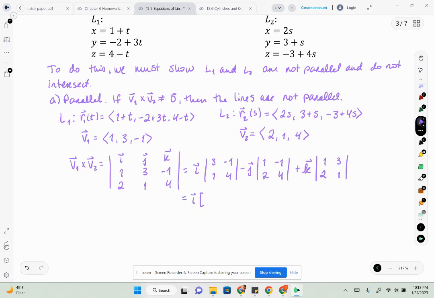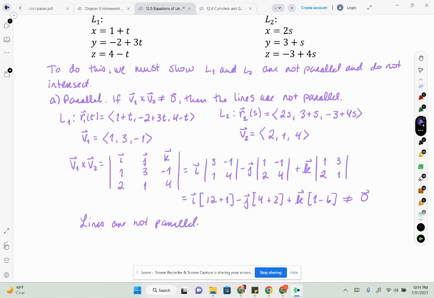Working this out, I have i hat times 12 plus 1, minus j hat times 4 plus 2, plus k hat times 1 minus 6. I'm not even going to bother going any further with this. This is not the zero vector, and so the lines are not parallel. Okay, so I got to make a conclusion statement on there. I got that the cross product is non-zero, therefore the lines are not parallel.